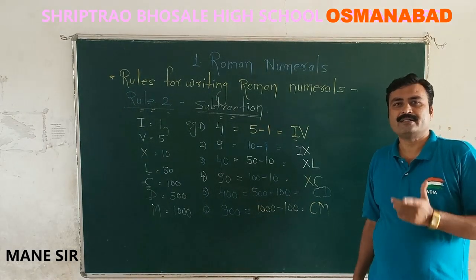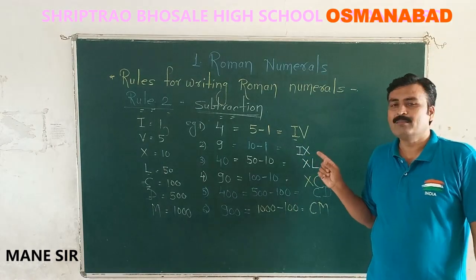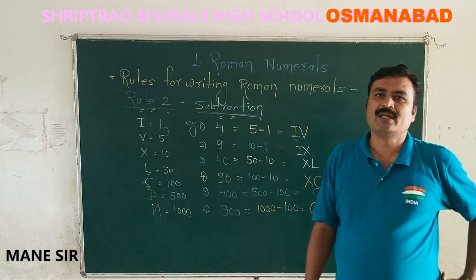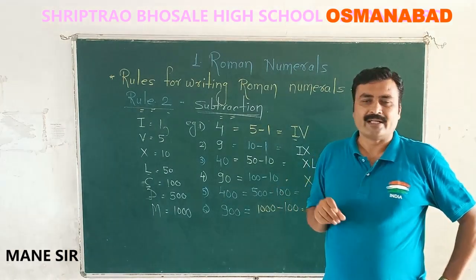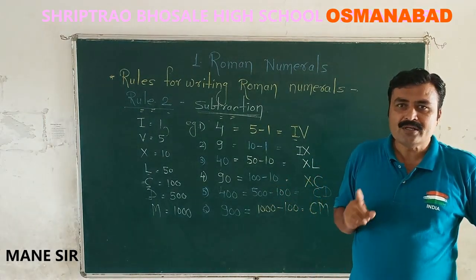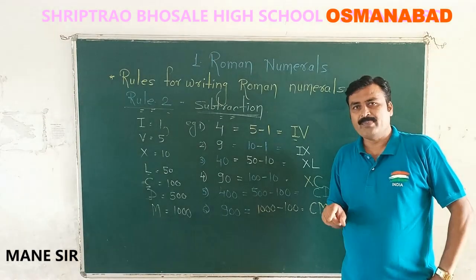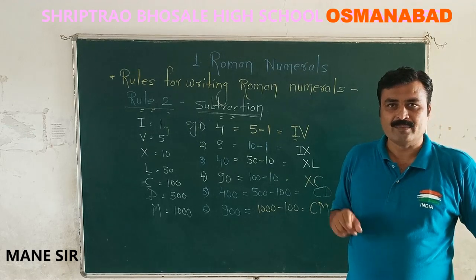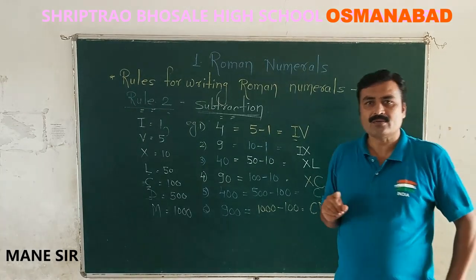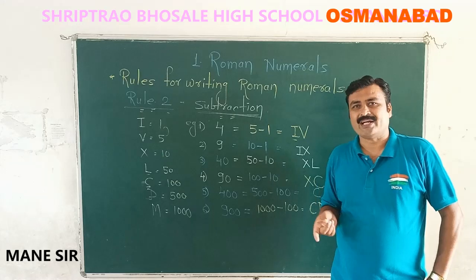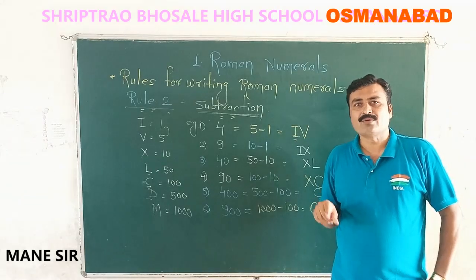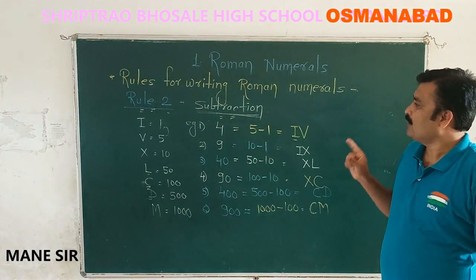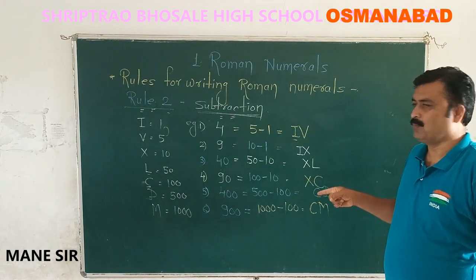Such numbers are derived by using rule number 2, that is subtraction. Again, the statement of rule number 2 is: if we write a smaller numeral before a bigger numeral, it shows the subtraction process. That means the value of the smaller Roman numeral we have to subtract from the value of the bigger Roman numeral.